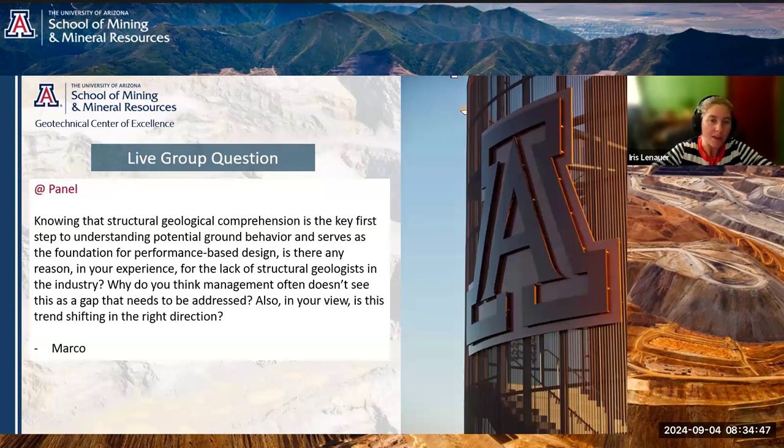And I think there's not a management demand for them. They'd probably prefer to have a resource geologist or someone who can work with geotechnical matters. And then often the structural geology parts get outsourced to consultants.